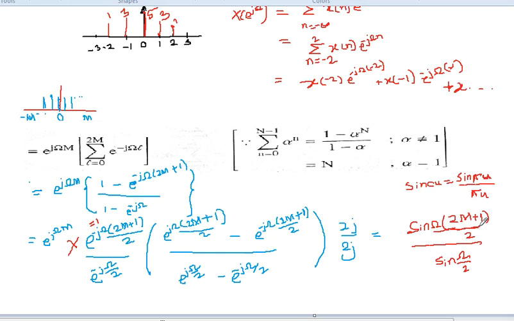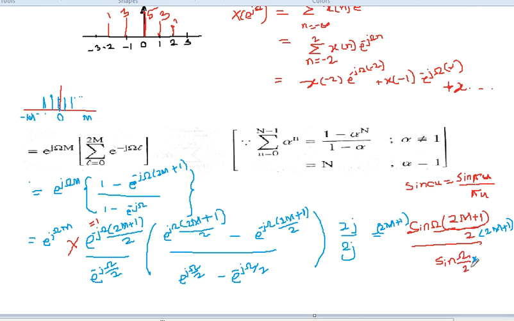So we can divide this one by pi (2m+1), and to compensate that one, we can multiply by (2m+1). Similarly, for this omega by 2, to get it to the sinc form, we can multiply it by 2 to make this one as omega by 2.